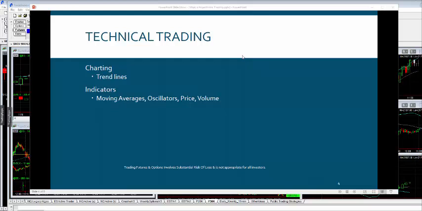Someone that just does technical trading without the algorithmic side of it, they might do trend lines. They might just create a moving average on a chart and then kind of analyze it and use that along with other things to try to place trades. They're not necessarily algorithmic traders, though.